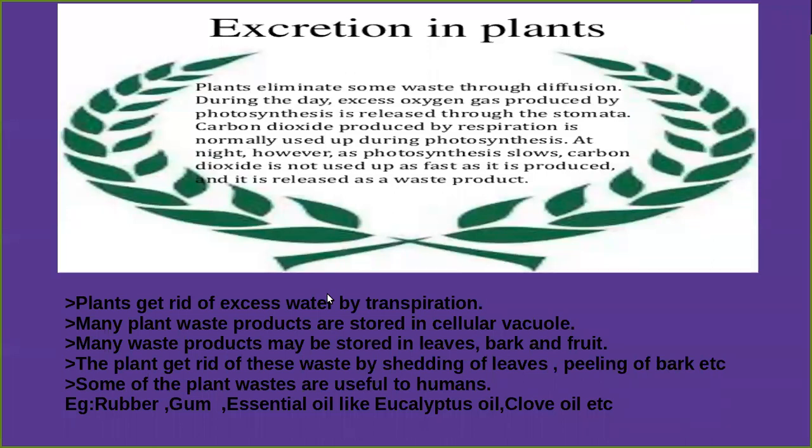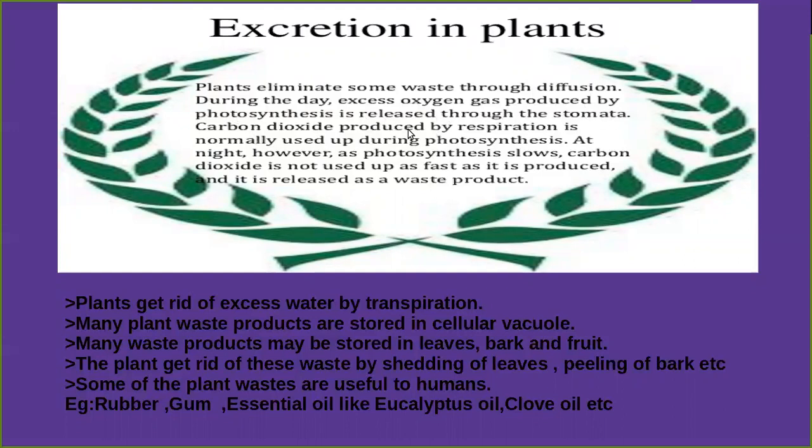Dear children, we have to learn one more topic, that is excretion in plants. You are very familiar, plants also have some excretory products as a result of various metabolic activities. Plants eliminate some waste through a process called diffusion. During the daytime, excess oxygen gas produced by photosynthesis is released through the stomata.